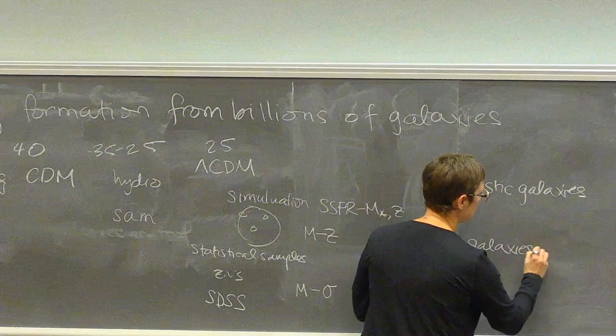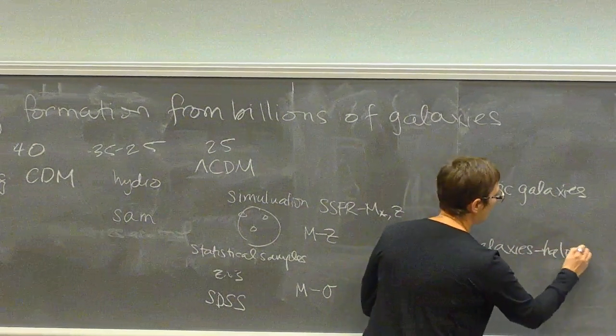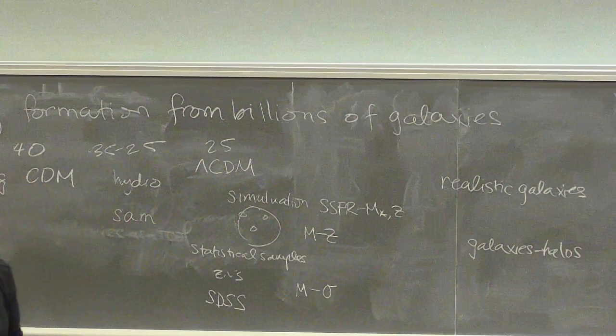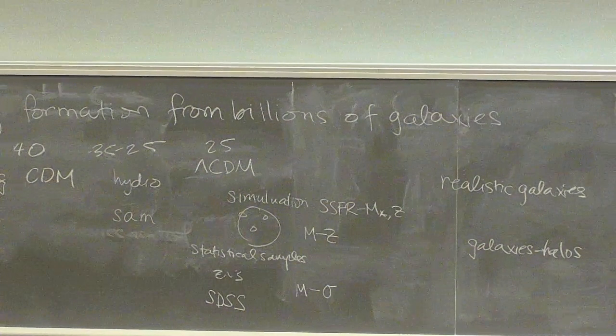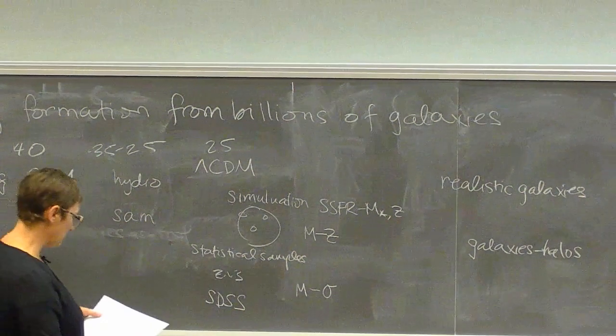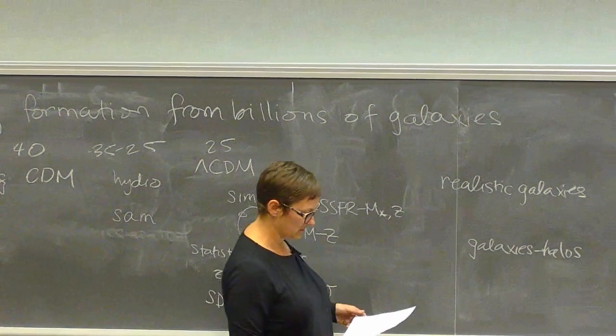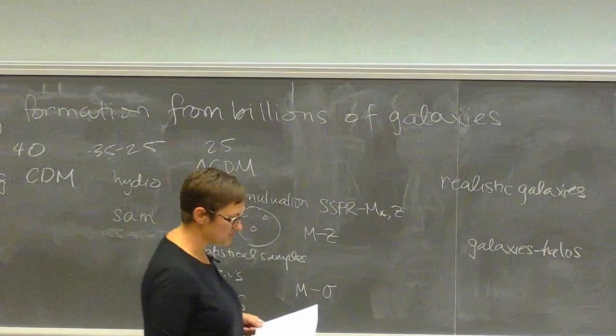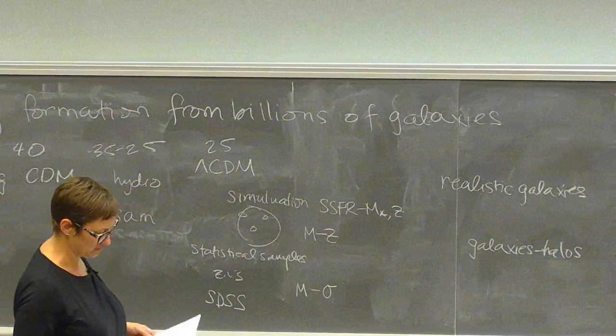So the simple list of these are things like what you might have heard of, the halo occupation model that just tells you how many galaxies a halo has as a function of its mass. There are more complicated versions of this, which I'll say more about. And both of these have really developed quite a bit over the last 5 to 10 years.